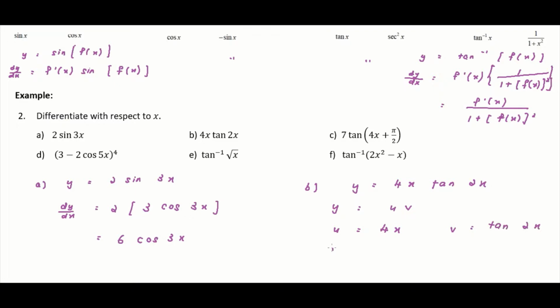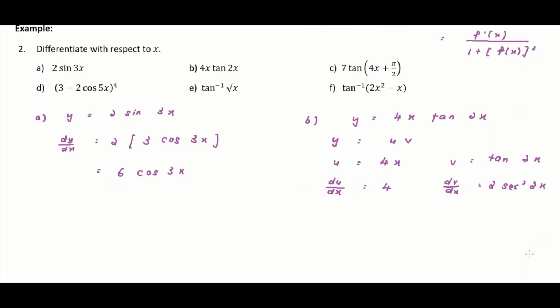Okay, so differentiate 4x, sorry, du over dx. Then you get 4. So for this part, dv/dx. What do you get when you differentiate tangent 2x? So 2x differentiate, you get 2. Tangent will change to secant square, then the function, just write it.